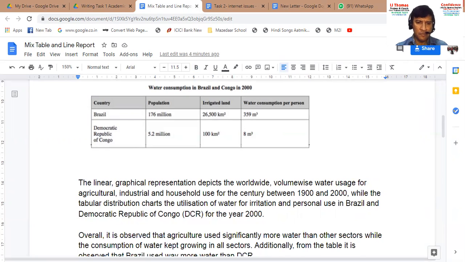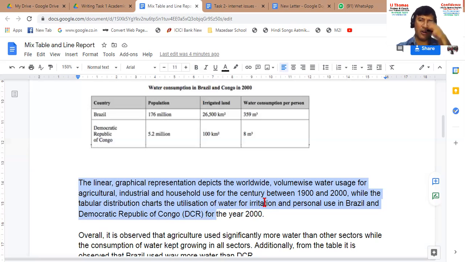Meanwhile the tabular chart shows data on personal use in Brazil and the Congo for the year. Because there are so many units here, we usually mention units, but we don't put them here. Otherwise I would have to say units are measured: water in cubic kilometers, population in million, irrigated land in square kilometers, water consumption per person.